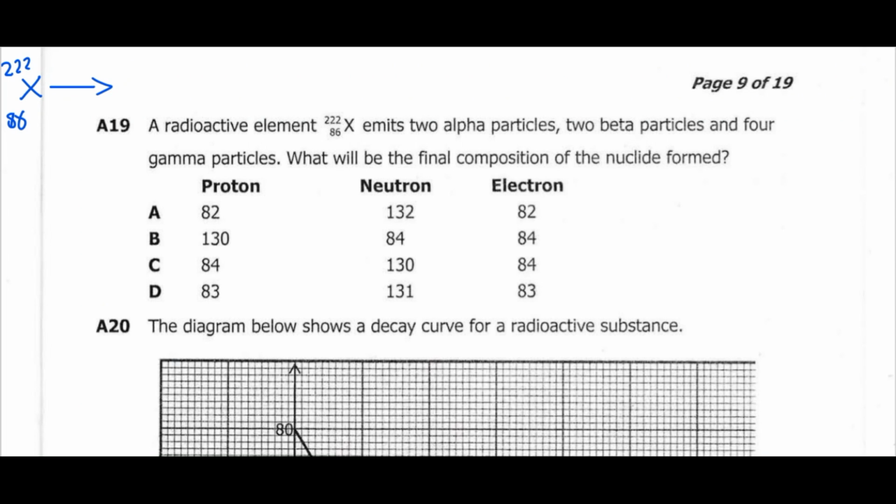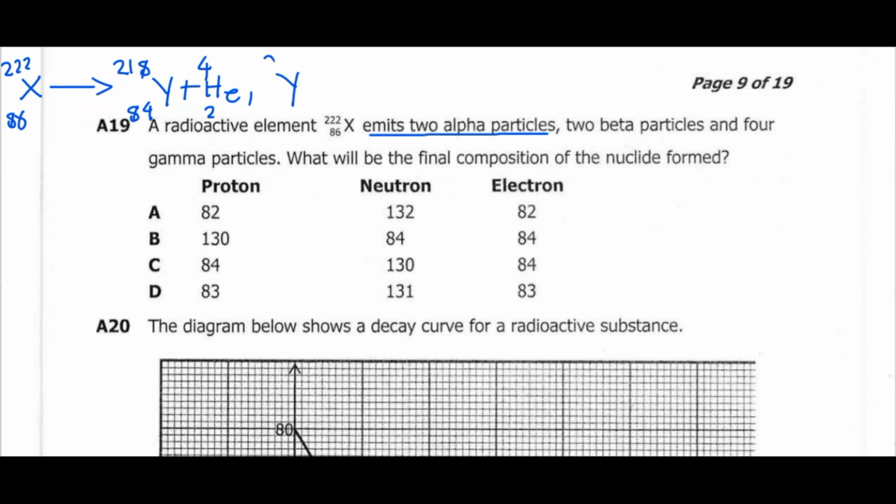222 minus 4 gives 218. Then here we are going to have 84. So we form Y plus this. This is our first emission. Now we want to emit 2 alpha, so let's do another one.